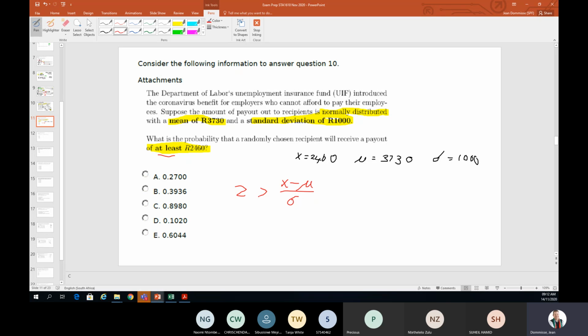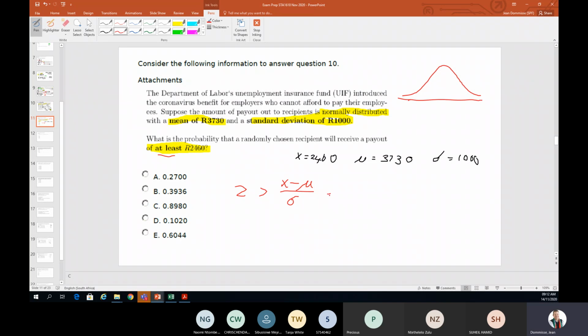So when we get to the Z, at least, it will be more than.